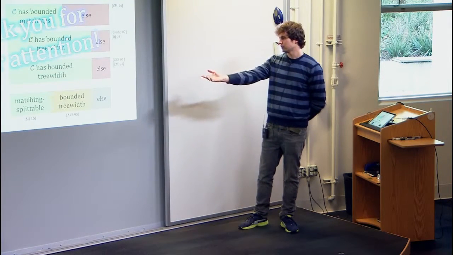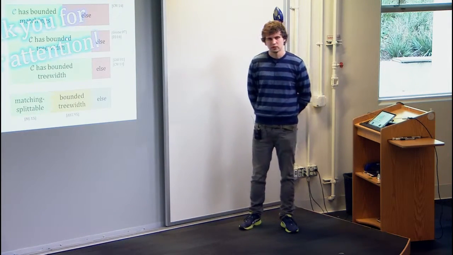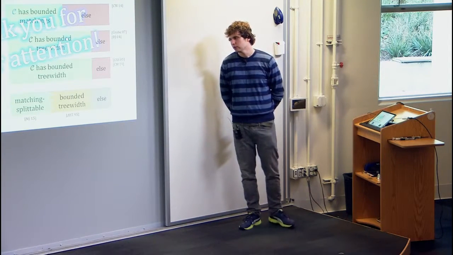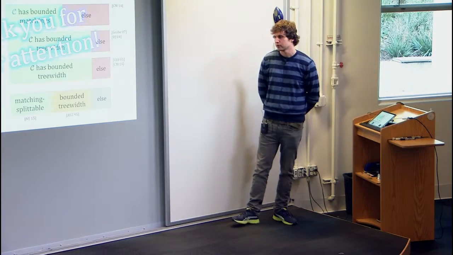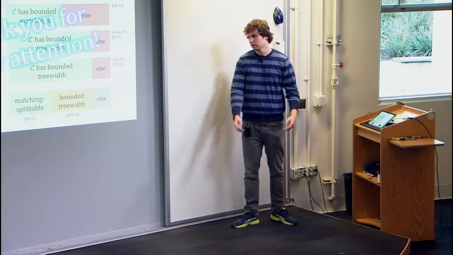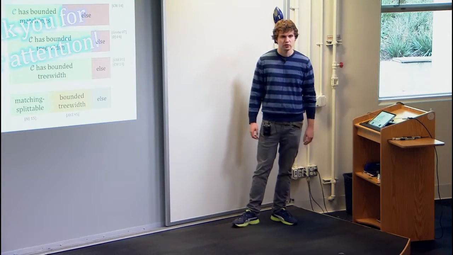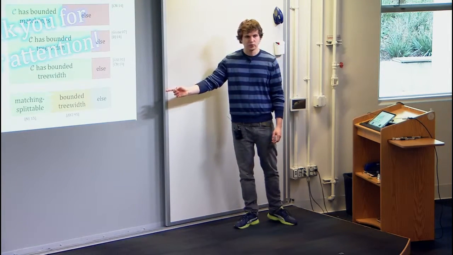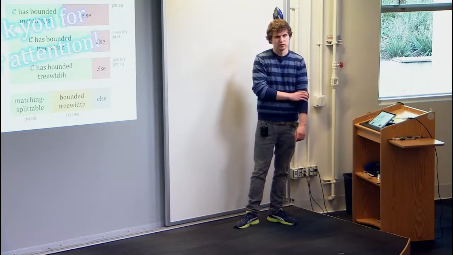Yeah, and for finding subgraphs, we don't really know what's going on. So we know that the problem is FPT if you have bounded treewidth. We know that it's polynomial time solvable if it's matching splittable, but we have, I think, no lower bound at all. So in particular, we don't know whether the unbounded treewidth cases are W[1]-hard.